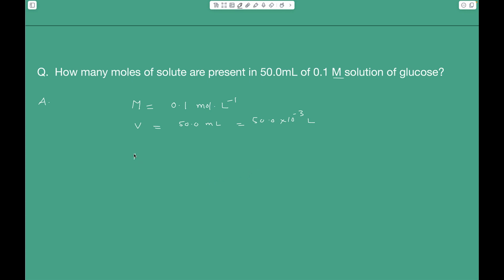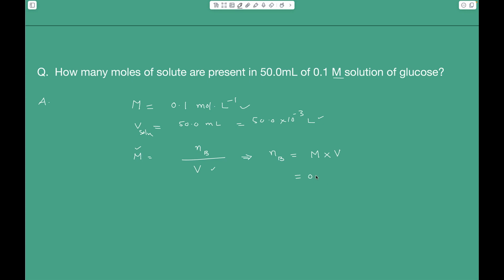Then what is the expression for molarity? It is the amount of substance of solute or the number of moles of solute over the volume of the solution in liters. We know these two, substitute them here to get the number of moles of solute. So number of moles of solute or amount of substance of solute is equal to molarity multiplied with its volume.